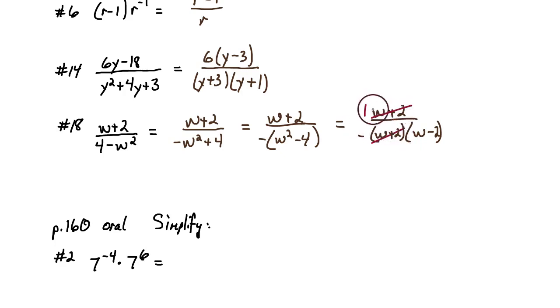Anything divided by itself makes the whole number 1. So the final result looks like we have 1 on top, and on the bottom negative w minus 2. You can write it like this, or you can write it where the negative is out at the very beginning of it all, and then 1 over w minus 2. These are the same thing.